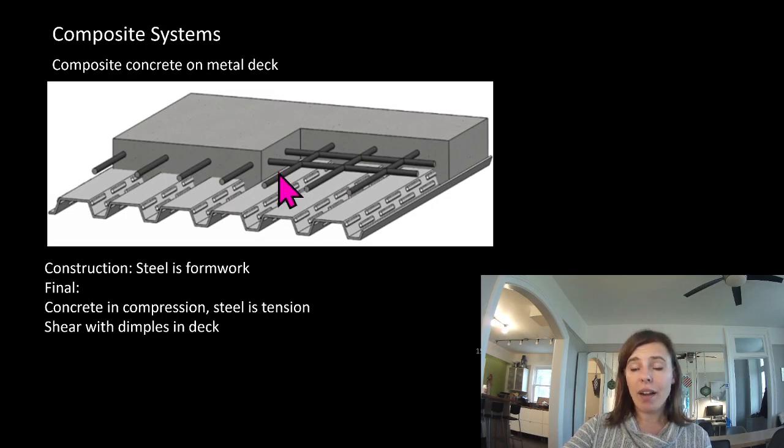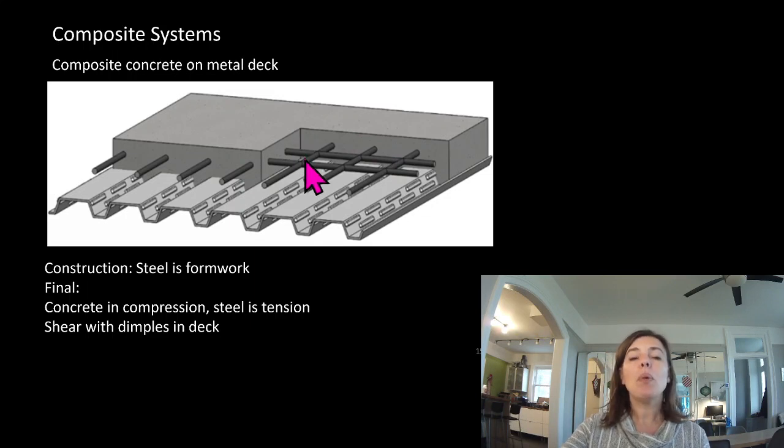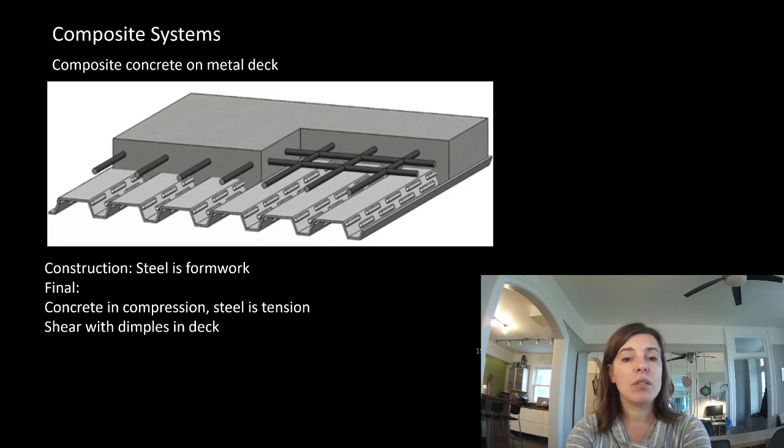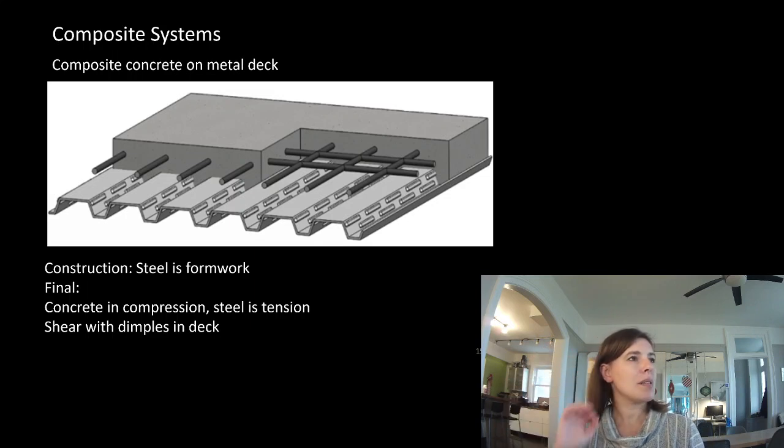The rebar in concrete on metal deck actually isn't doing much structurally. If you had a deep enough system, maybe it would do something, but mostly it's about crack control. Concrete, when it cures, shrinks, and it will crack. It always cracks. And I forget what the ratio is, but something like a millimeter per meter, maybe a bit more than that.